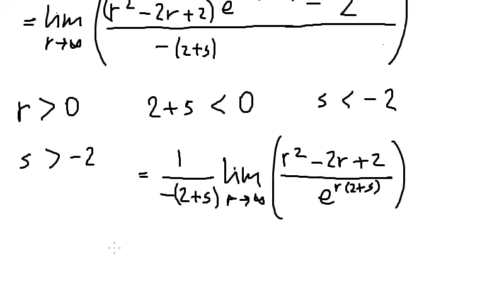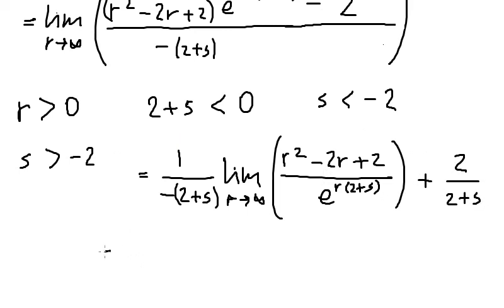So in the end, by using L'Hopital's rule, we can conclude that, okay, well, first of all, we shouldn't forget the other part of the fraction. So we still have here minus 2 over minus 2 plus s, so it's going to be 2 over 2 plus s.